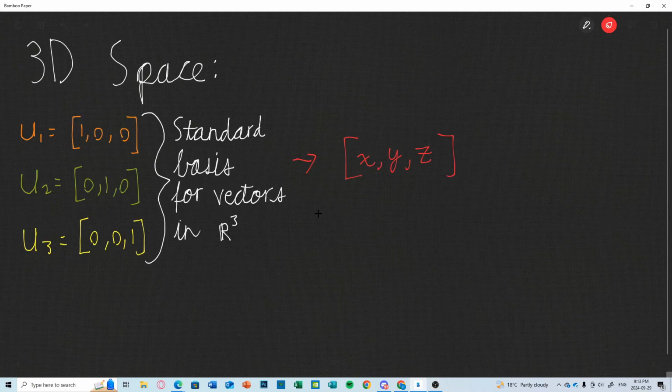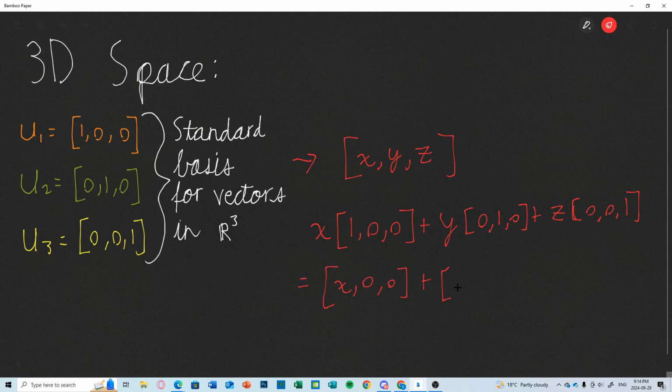To tell if a set spans, the vector must become a linear combination of all our basis vectors. So it will be x times (1, 0, 0), plus y times (0, 1, 0), plus z times (0, 0, 1). If this is a linear combination of our standard basis, then we know that it spans R3.